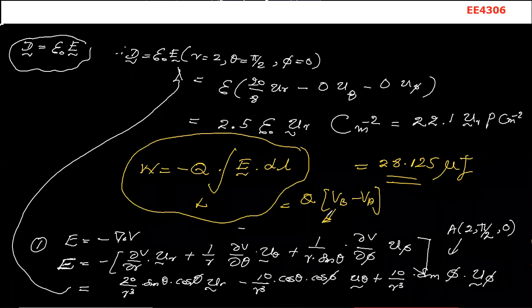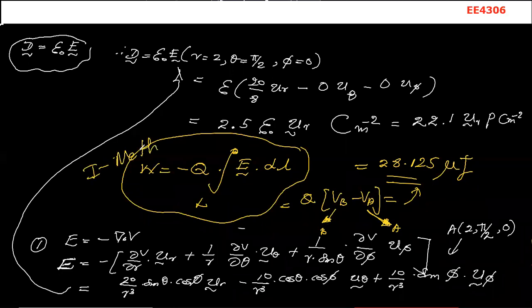Substitute the coordinates of point B into VB and the coordinates of point A into the potential equation. This is the easy method. No need to do the line integration because they have given the equation for the potential. Therefore, just substitute the coordinates of B and A and see the results.